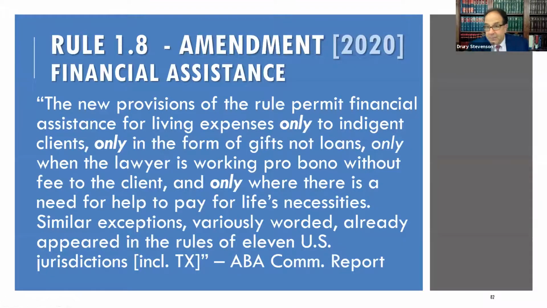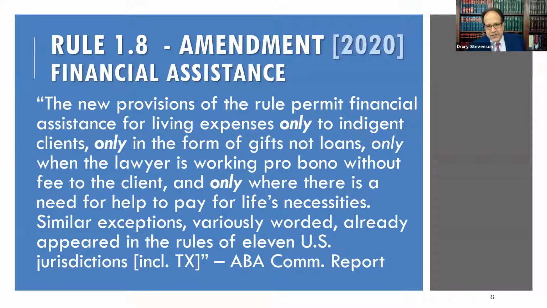The ABA committees that sponsored this rule change, this amendment, put together a really nice, carefully researched and well-written report. If you're interested in this, I highly recommend it. It goes through the history of 1.8E, the common law history, and also what state bars have been doing about this in recent years. I'm just going to pull out one sentence that I think is actually a really useful one for law students.